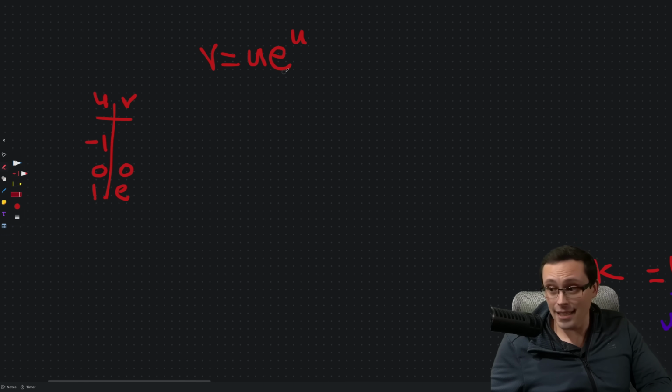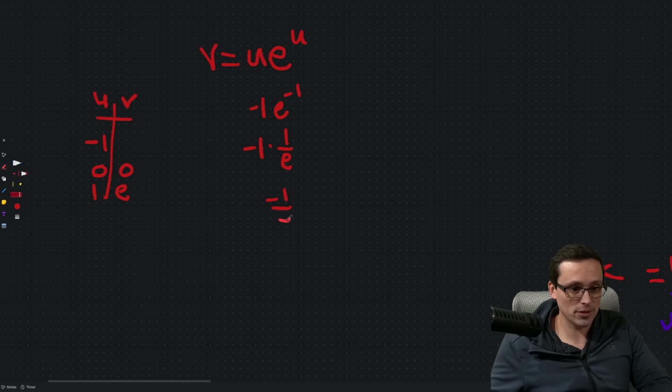If I input a negative 1, it would mean that I would get negative 1 times e to the negative 1. Well, remember that a negative exponent just means multiply by the reciprocal, so this just means negative 1 times 1 over e, which is just negative 1 over e. So this would be negative 1 over e.